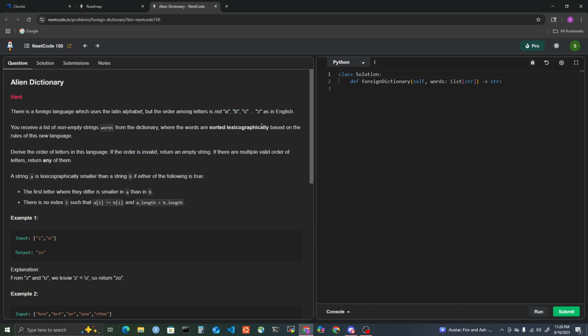Derive the order of letters in this language. If the order is invalid, return an empty string. If there are multiple valid orders of letters, return any of them. A string A is lexicographically smaller than a string B if either of the following is true. I'm blanking on them.